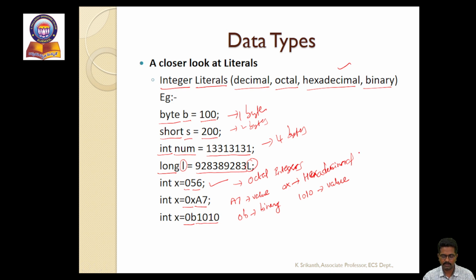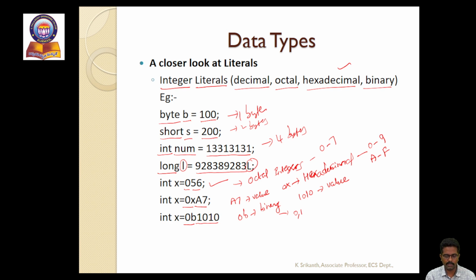Octal supports the digits from 0 to 7. And hexadecimal supports the digits 0 to 9 and capital A to F, which is 16 supporting digits and characters in hexadecimal.